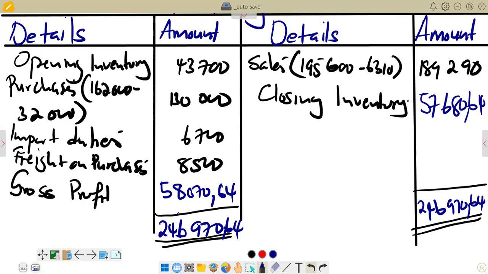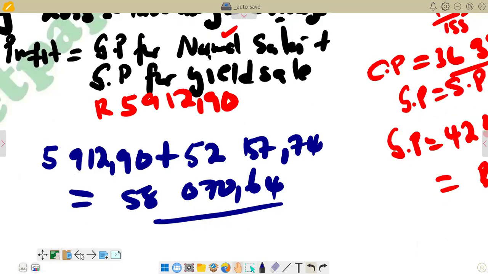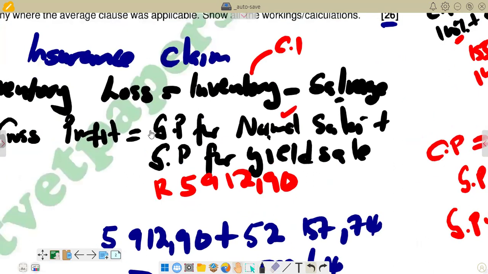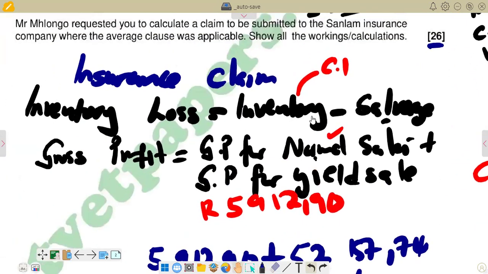Now, to get our inventory loss, we go back. Remember, we had a formula for inventory loss: inventory minus your salvage.